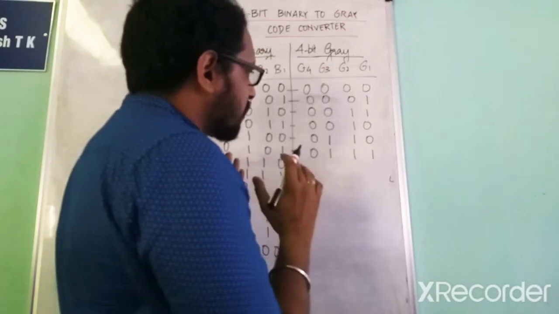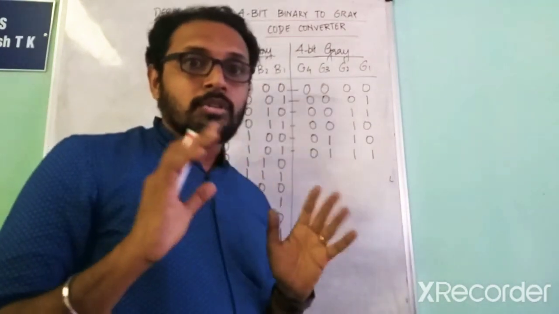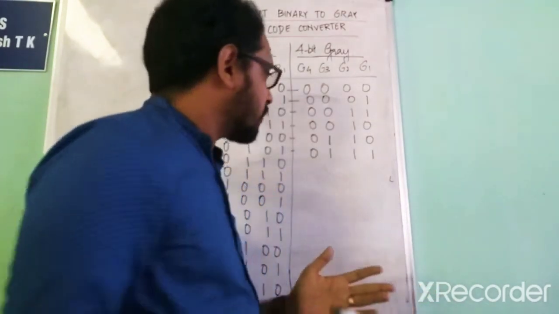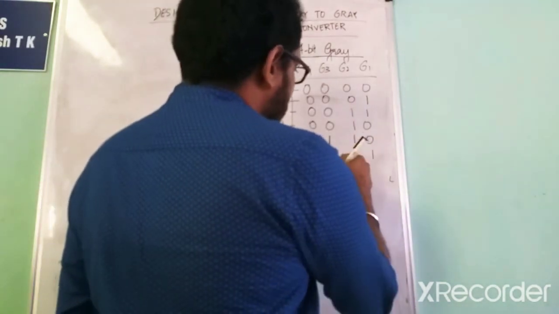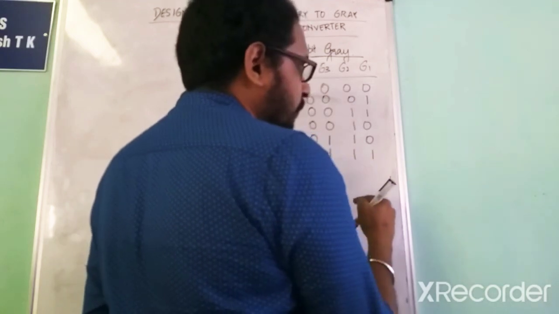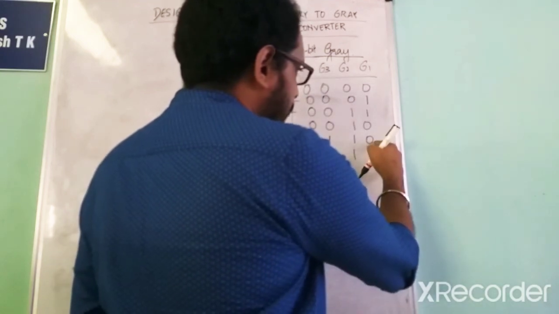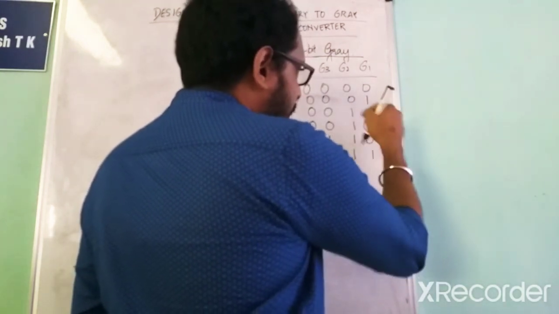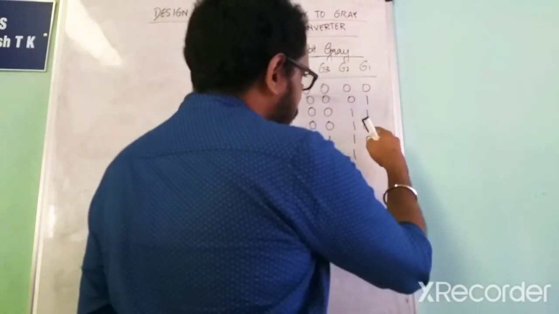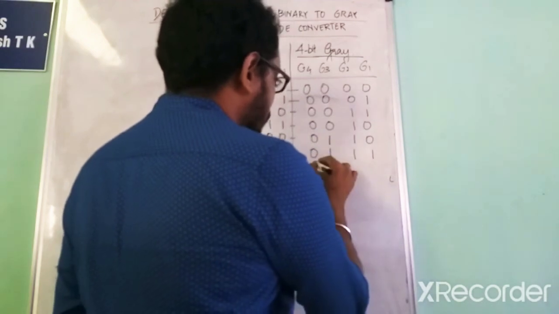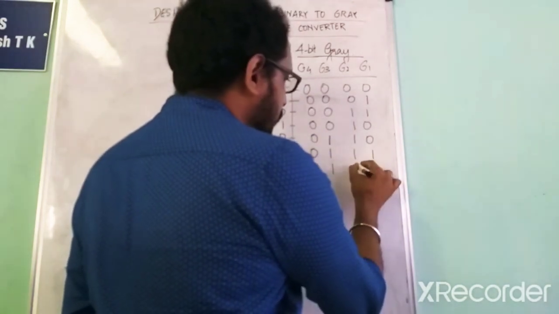Next, don't go for 1, 0, 0, 0, a lot of changes are there. What are the missing terms? 0, 1, 1, 0 is 6 and 0, 1, 1, 1 is 7. 6 is already there. Check whether 5 is there. No. So 0, 1, 0, 1.